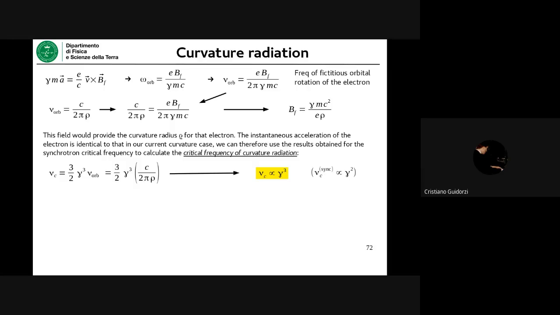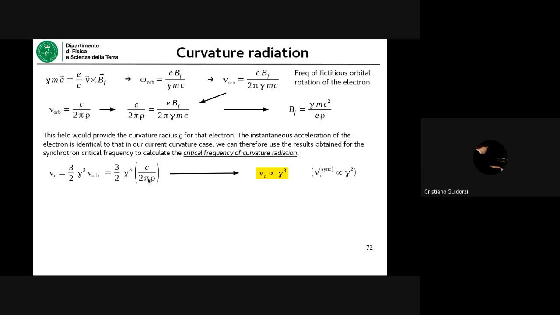You are dealing with relativistic electrons, but if you remember, the gyration frequency scales as 1 over gamma. So the period increases. The velocity is the same. The period increases with gamma, so it means that the radius increases with gamma. So in the case of synchrotron radiation, rho, the curvature radius, scales with gamma. That's why you end up with a gamma squared dependence of the critical frequency.